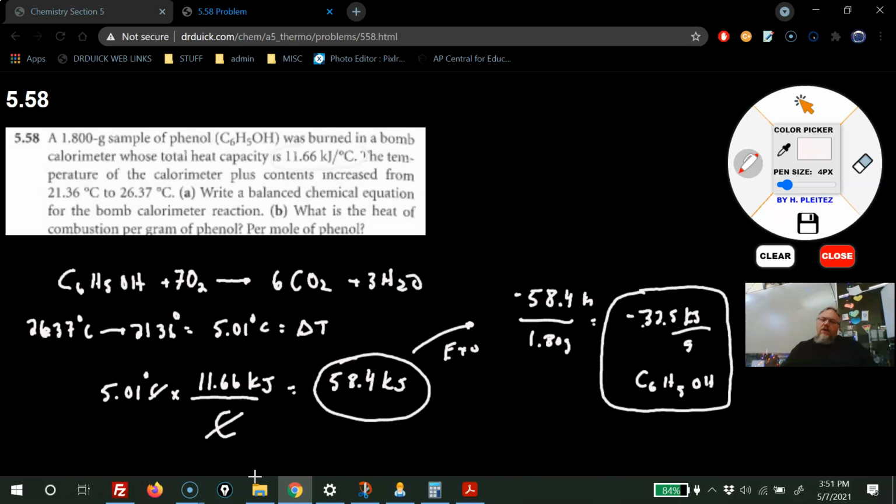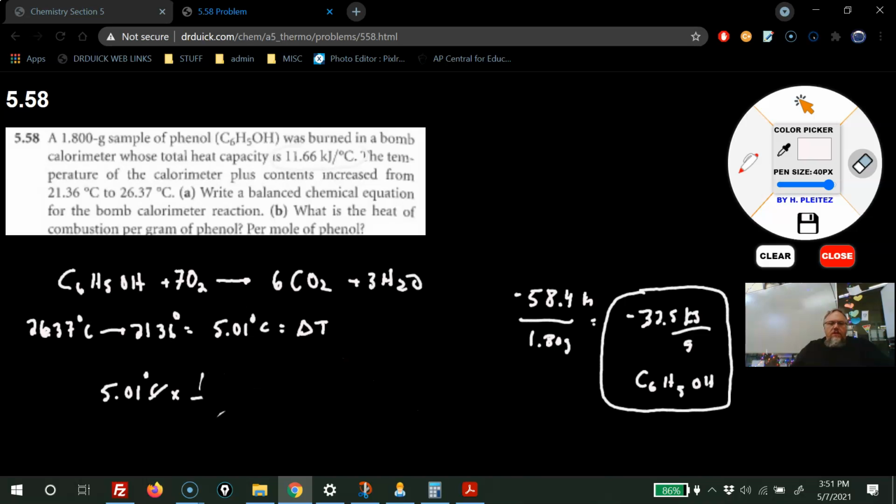But now they want to know what it is per mole, so we have to do a subsequent calculation. We just take this number and roll with it.